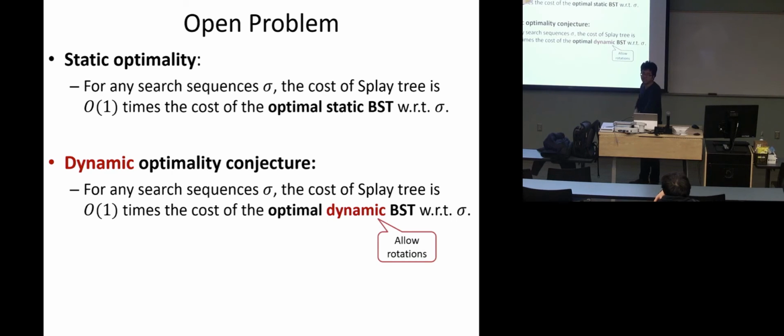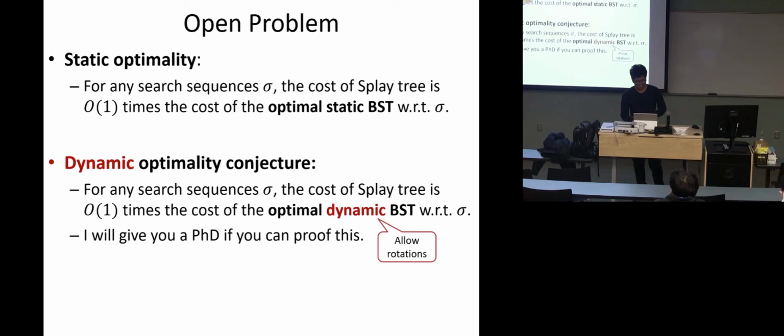It's a tree where you allow rotations as well. Because Splay does rotate, right? But we compared Splay with a static tree. We want to compare it to a dynamic tree as well. This is a conjecture that no one can prove up to now. And if you can, I will give you a PhD. If you can prove it.